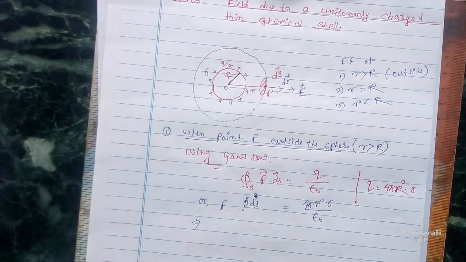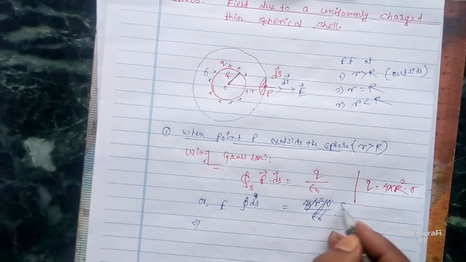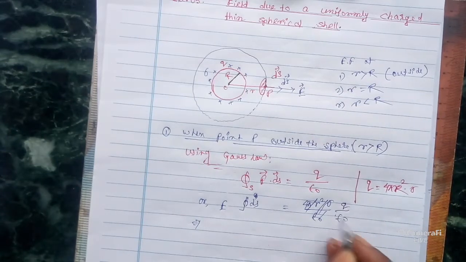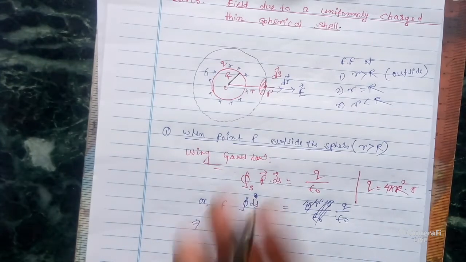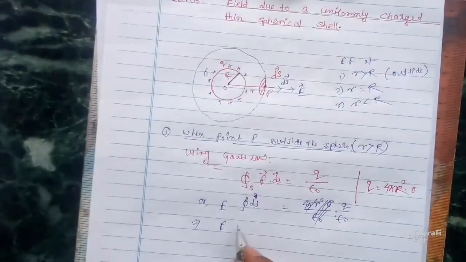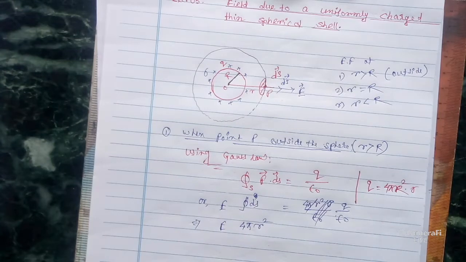Or no need to take this 4 pi capital R square sigma, just keep it q by epsilon naught. Clear? Now what is the value of the total surface? The surface area of this Gaussian surface is equal to 4 pi small r square.